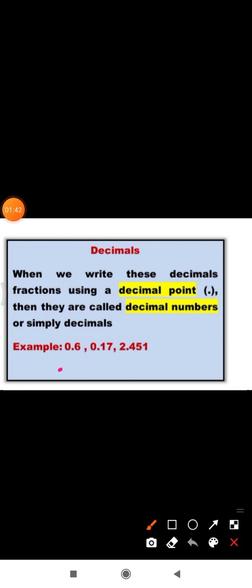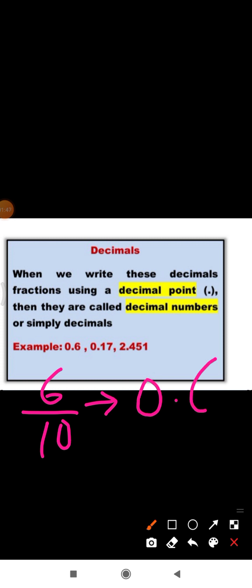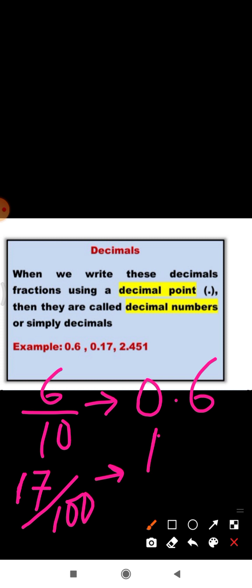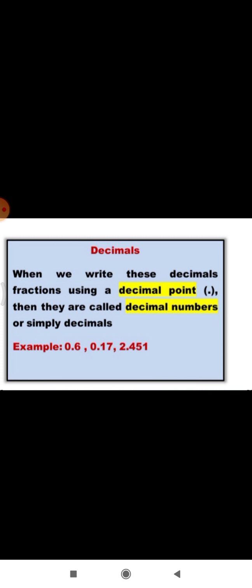So here 6 upon 10 can be written as 0.6, 17 upon 100 can be written as 0.17, and in the same way, 2451 upon 1000 can be written as 2.451. So all these numbers are called decimal numbers, or simply decimals.